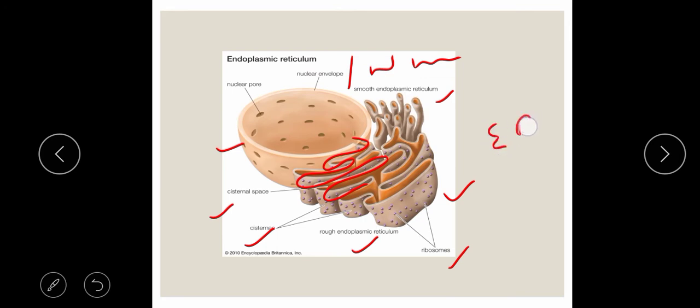Rough endoplasmic reticulum is made up of two layers, or we can say two membranes, the outer membrane and the inner membrane, and the space between them is called the cisternal space.